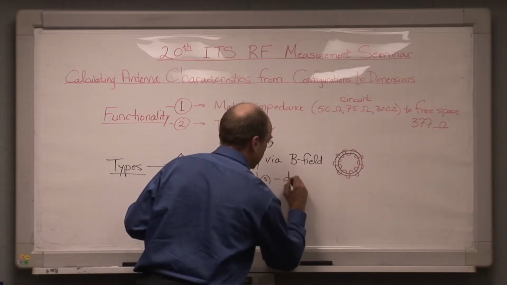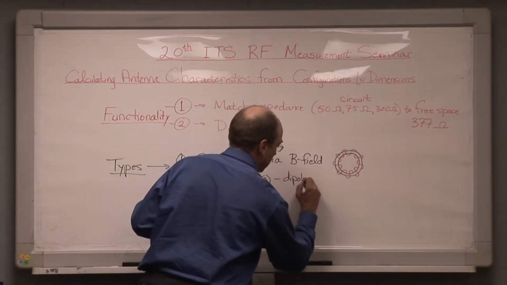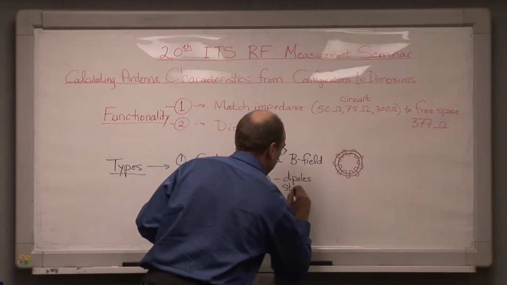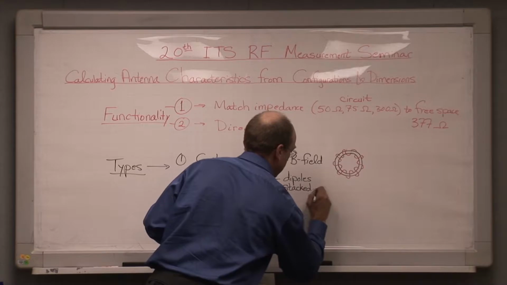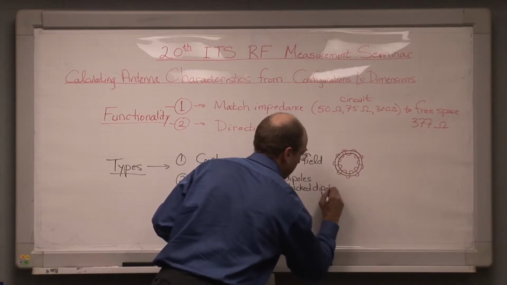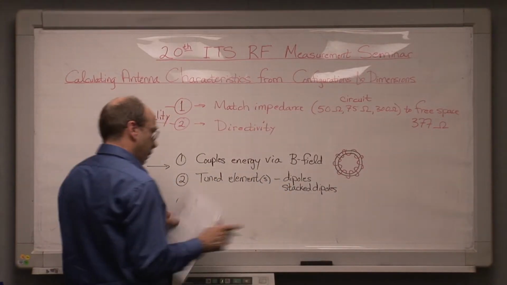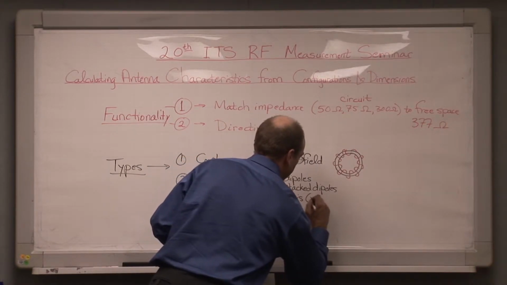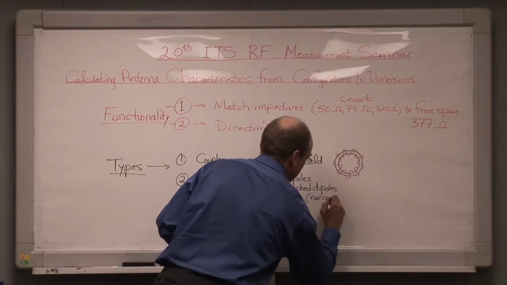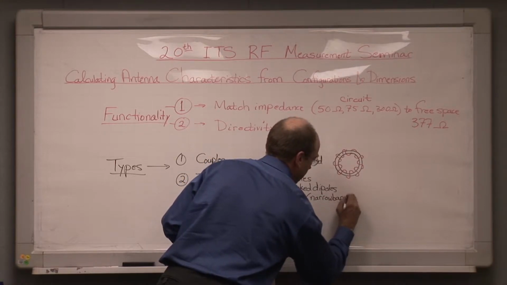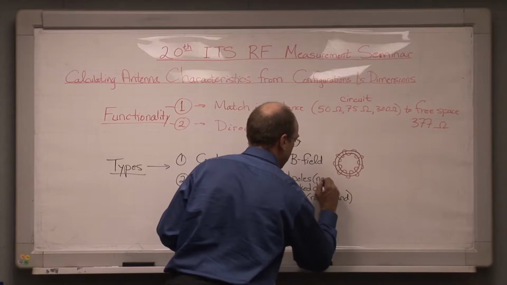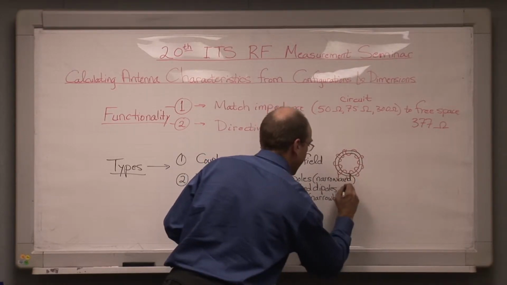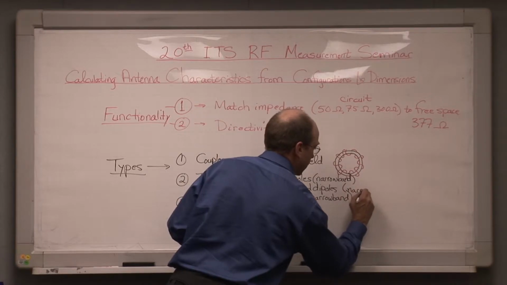These antennas include, but are not limited to, dipole antennas, stacked dipole antennas, oh yeah, and Yagis, which are narrowband antenna designs, as are dipoles, narrowband, and stacked dipoles, narrowband.